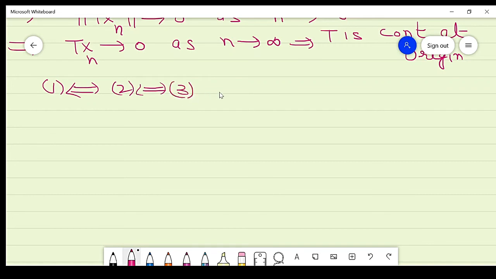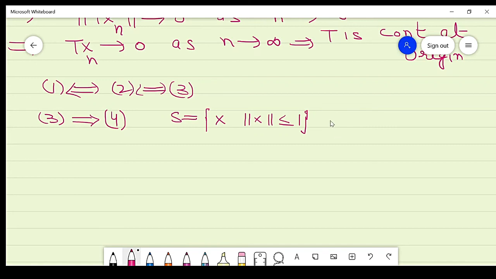Now our next step is third implies fourth. So what is the third part? The third part is T is bounded. And what is the fourth part? In the fourth part, the given is S, a bounded set: norm of x less than or equal to 1.